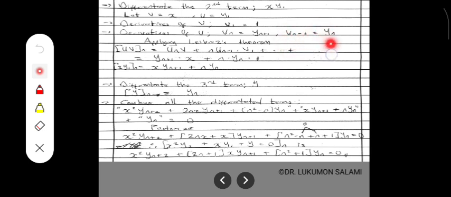y subscript n. When we apply this into the Leibniz theorem, we'll write out only the first two terms of the series. So I have u subscript n multiplied by v plus n multiplied by u subscript n minus 1 multiplied by v subscript 1.